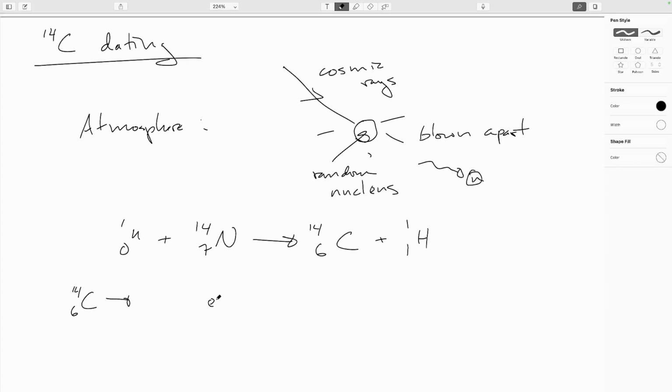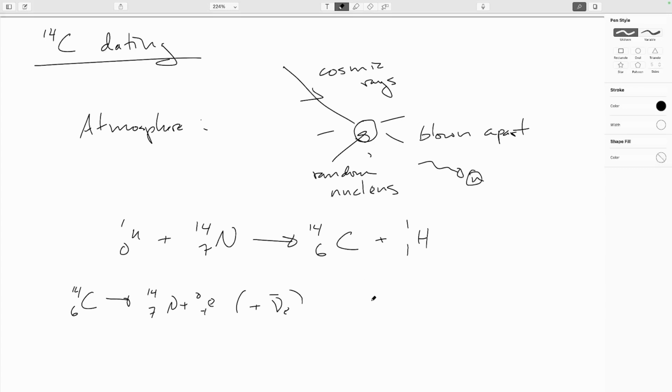So we go ahead and eject an electron. So do I add a -1 to get 6, I get 7. What do I add to 0? I get 14. So I get nitrogen-14. And again, there's an electron antineutrino. So that's the beta decay process.